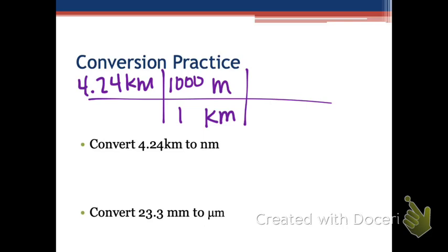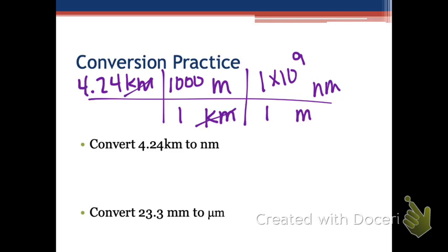Okay, so if I stopped right here and I did the math, my unit would be in meters. But that's not where I want to go. I want to be in nanometers. So I go from meters to nanometers. And I know that in 1 meter there are how many nanometers? 1 times 10 to the 9th. Does everyone understand this scientific notation? What that means? Yeah. 1 times 10 to the 9th means this.